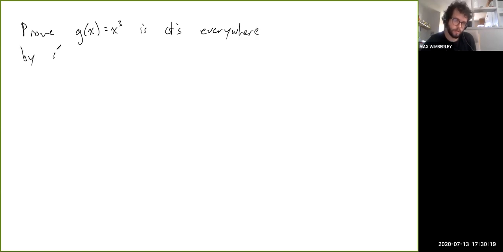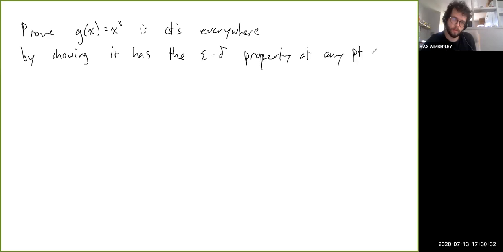Prove that g of x equals x cubed is continuous everywhere by showing it has the epsilon delta property at any point x naught in R. So x naught is an arbitrary but fixed point, and you want to show that g has the epsilon delta property at x naught.